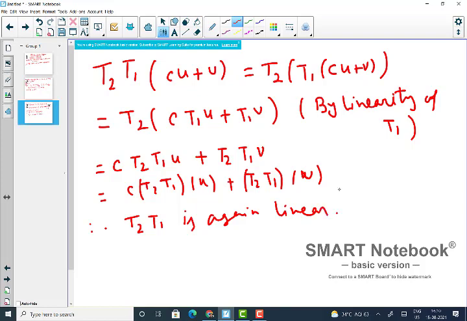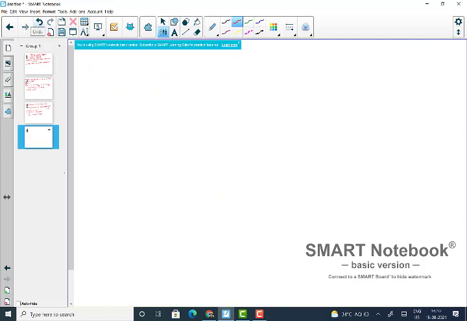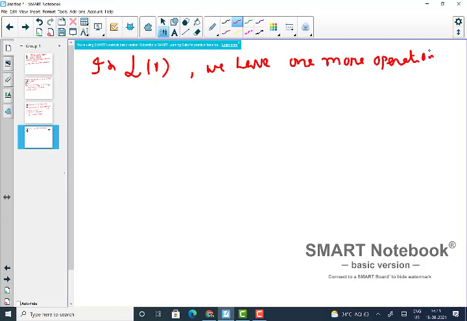So that means that in particular in L(V) we have one more operation, right? You can have a map from this composition, that will be a map from L(V) cross L(V) to L(V).